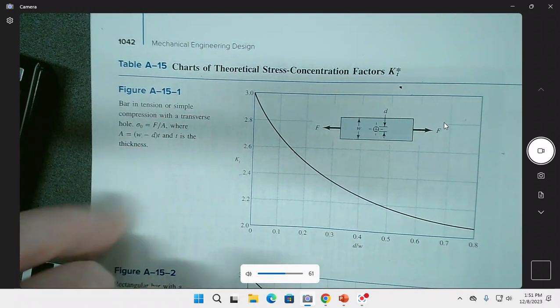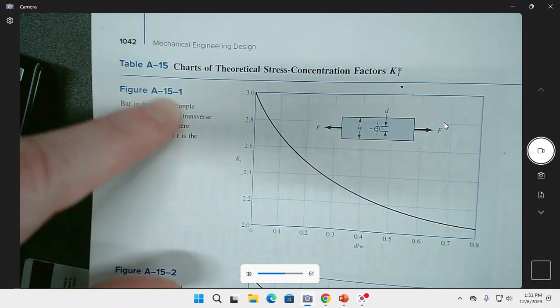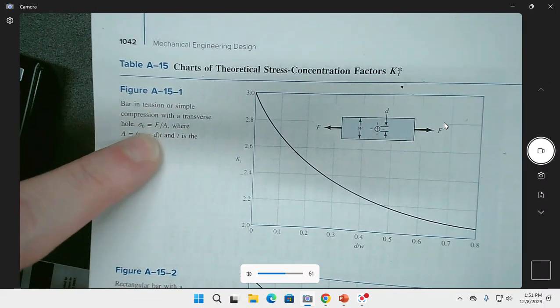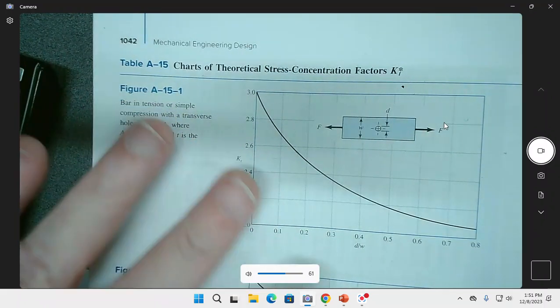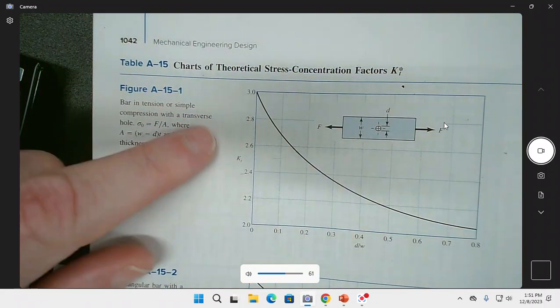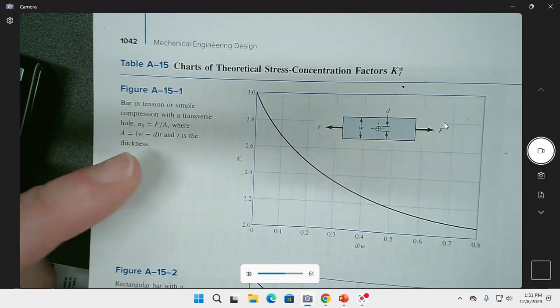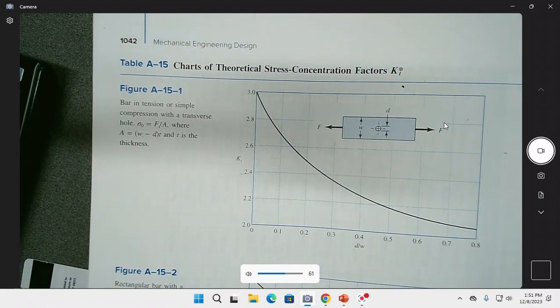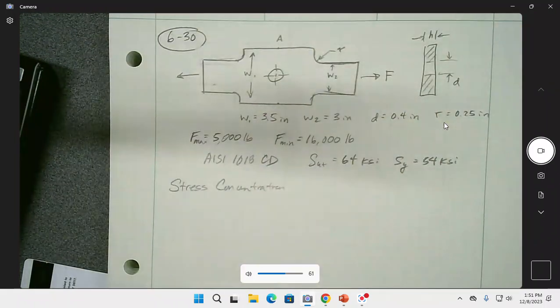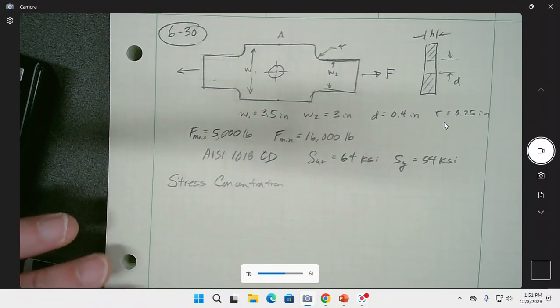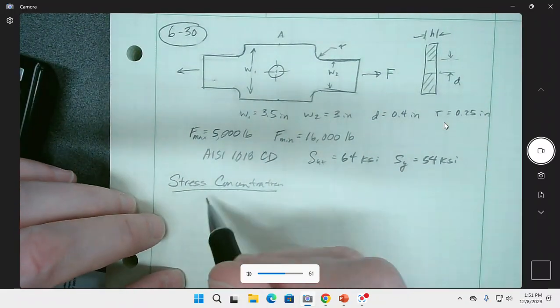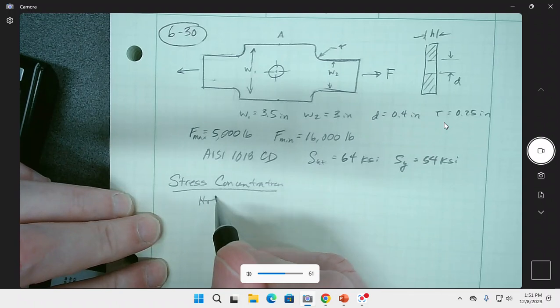We want to make sure that we're using the thing in the caption here. It's not a difficult one to figure out on your own, but sometimes there are weird stress concentration things that require you to use that stress convention. All right, so this is for the hole.